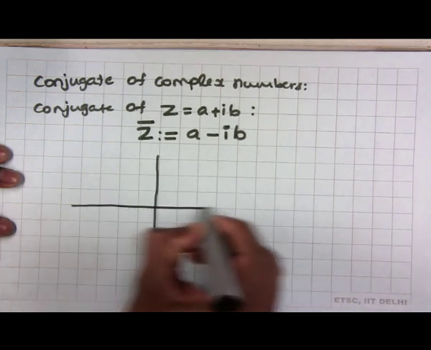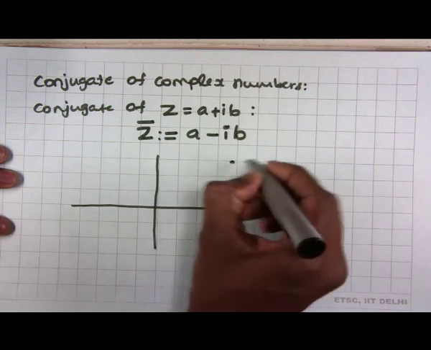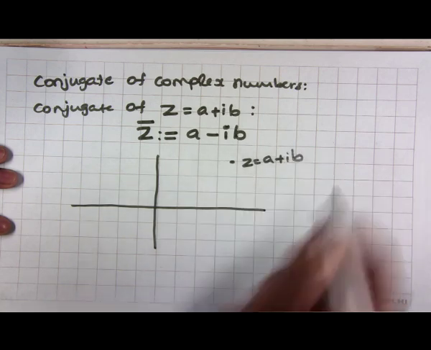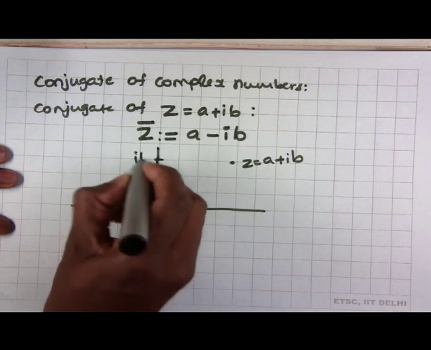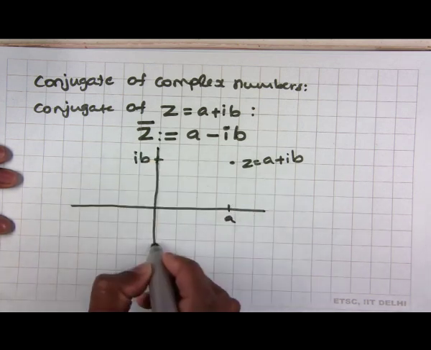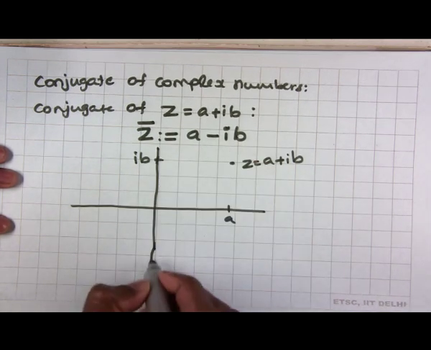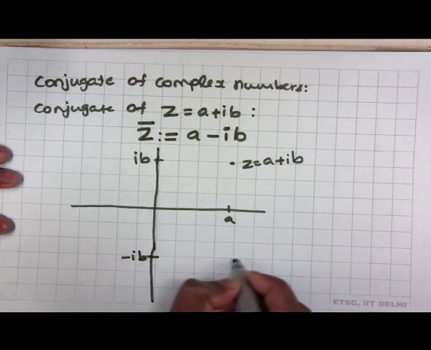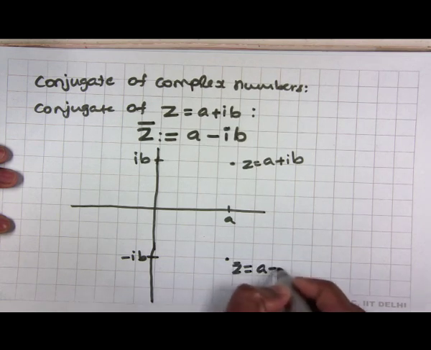So, we have the complex plane and let us consider the point z, that is a plus ib. Which means on the imaginary axis it is ib and on the real axis it is a. Now, z bar denotes exactly, we are taking the unit which is minus ib, and z bar we are denoting as a minus ib.